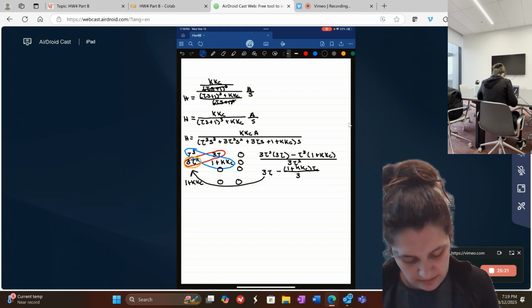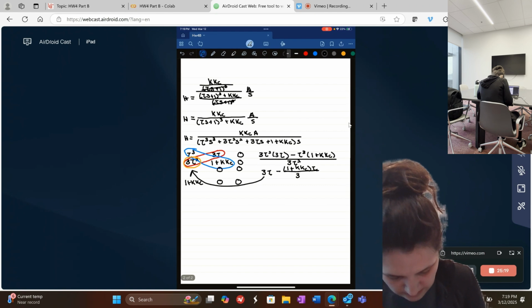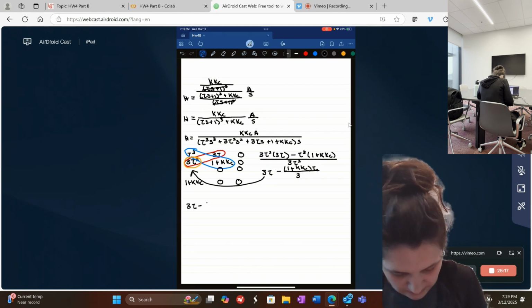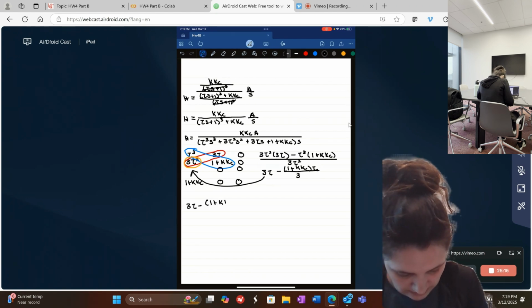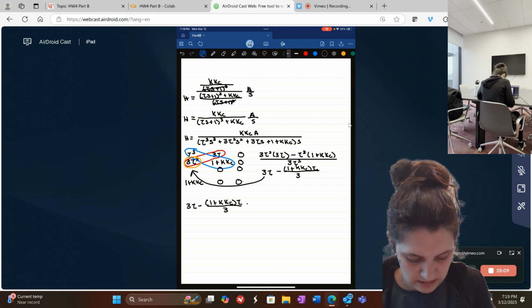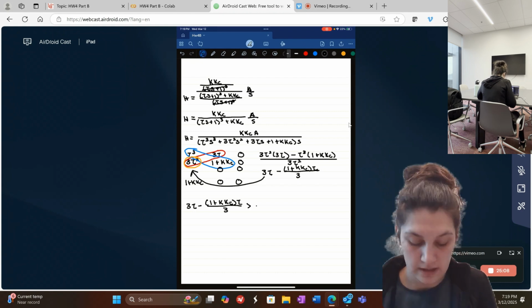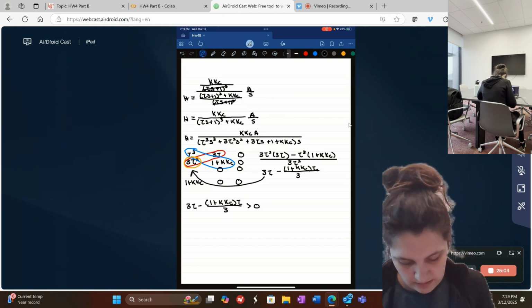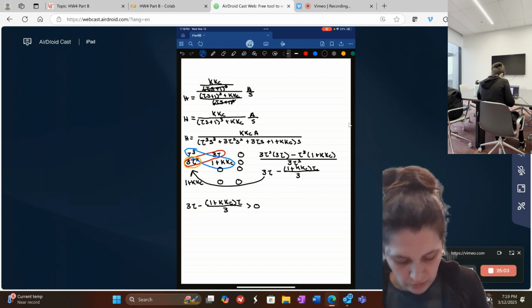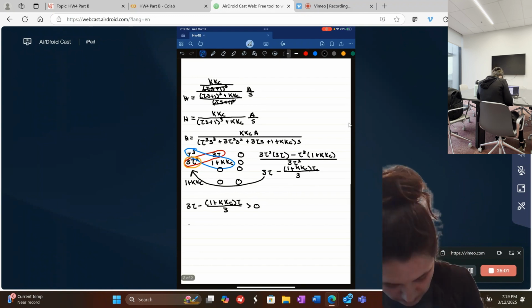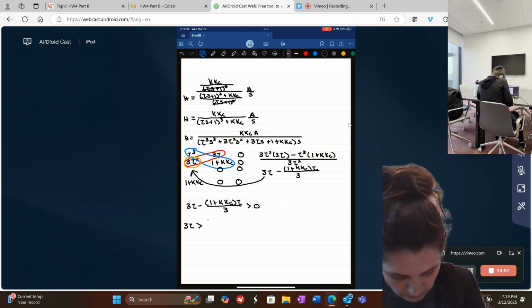So to do that, we take this 3 tau minus 1 plus k times kc times tau over 3, and we want to set it greater than 0. Now we can take one term and put it on the other side, which gives us 3 tau is greater than 1 plus k times kc times tau over 3.